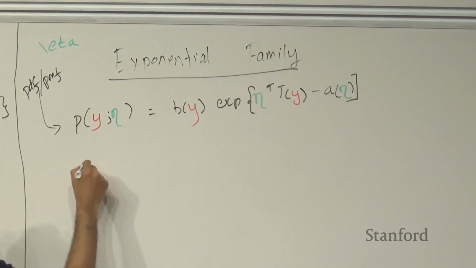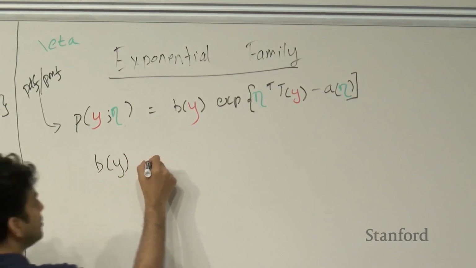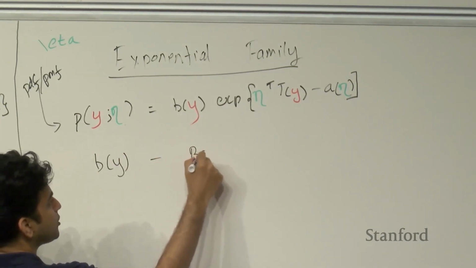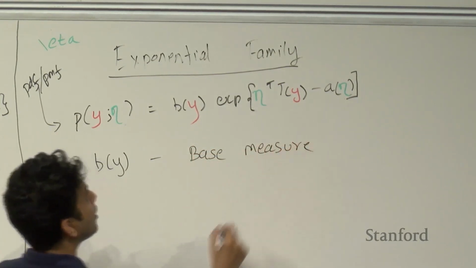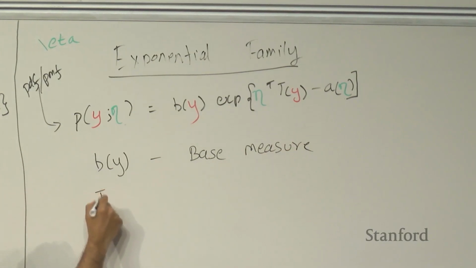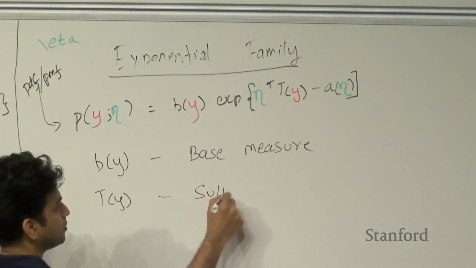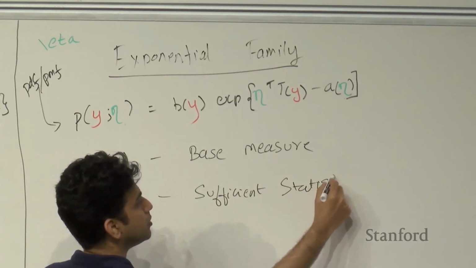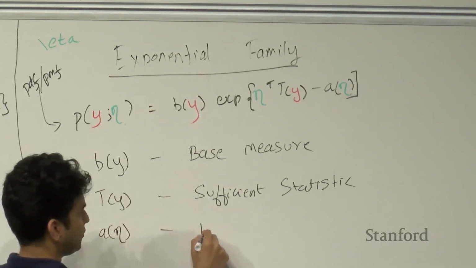We have b of y, purely a function of y, generally called the base measure. We have t of y, called the sufficient statistic. And we have a of eta, called the log partition function.